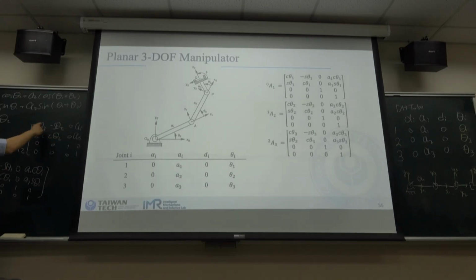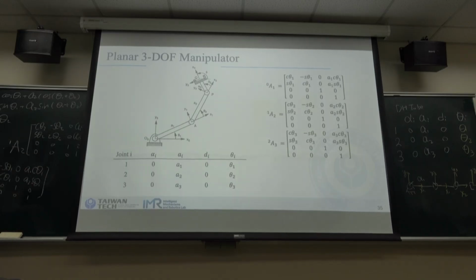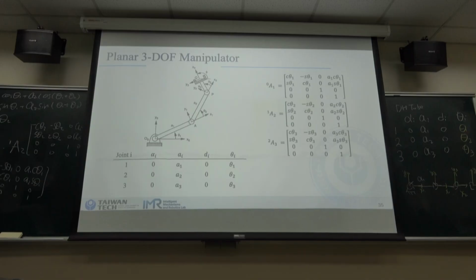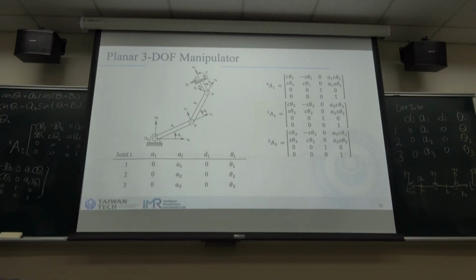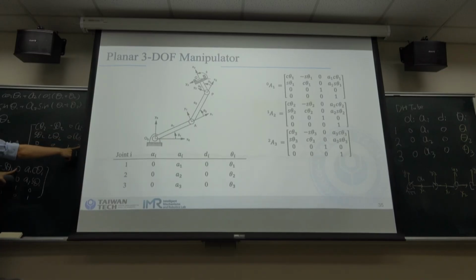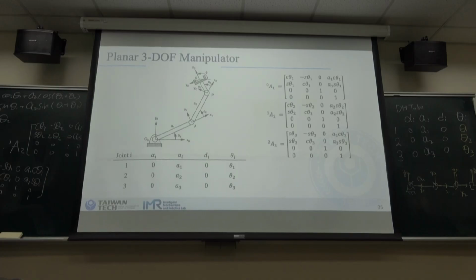So it's cosine theta 1 times a2 cosine theta 2, minus sine theta 1 times a2 sine theta 2, plus a1 cosine theta 1.